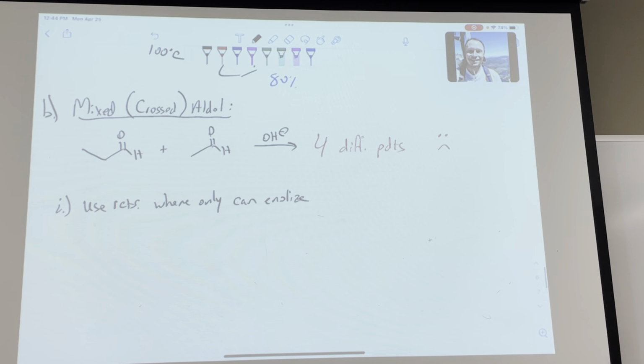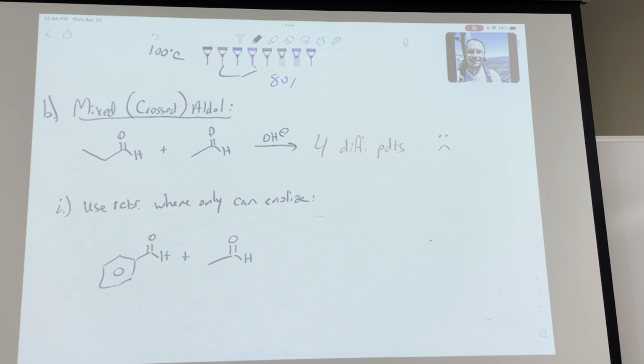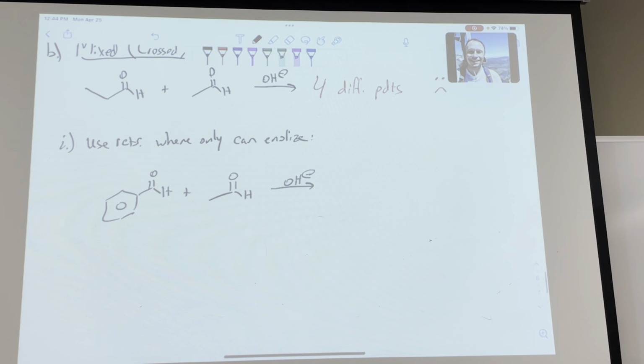For instance, that one. Only one of those 2 aldehydes can enolize, because benzaldehyde doesn't have any alpha protons. So that could be a successful reaction.